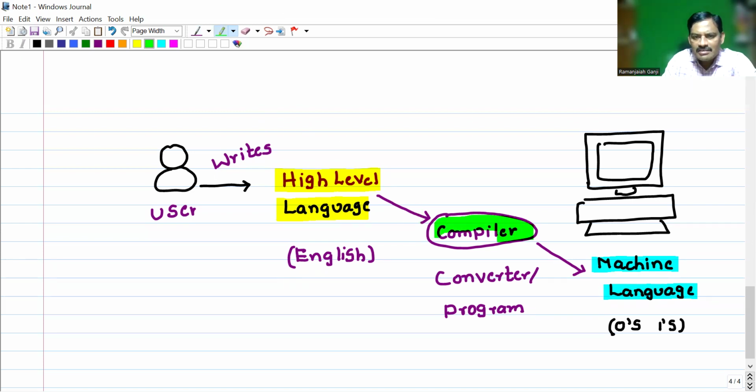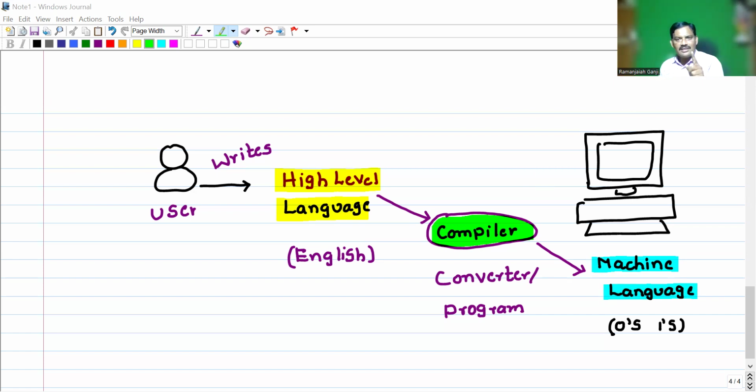Compiler is a translator which converts high-level language into machine language. Once again, compiler is a translator or a converter or a program which converts high-level language into machine language.